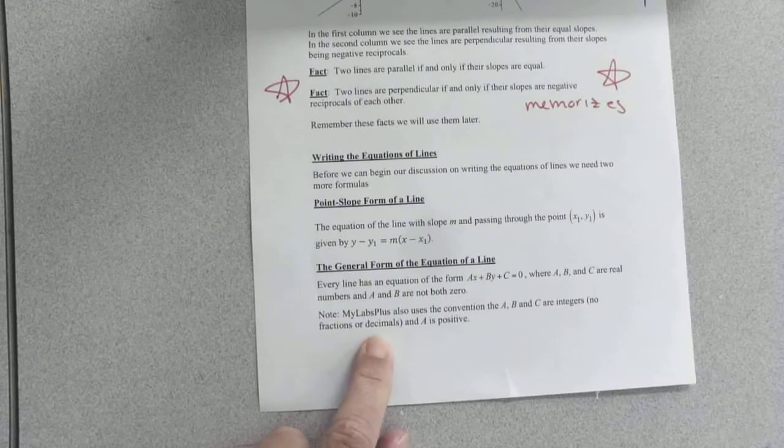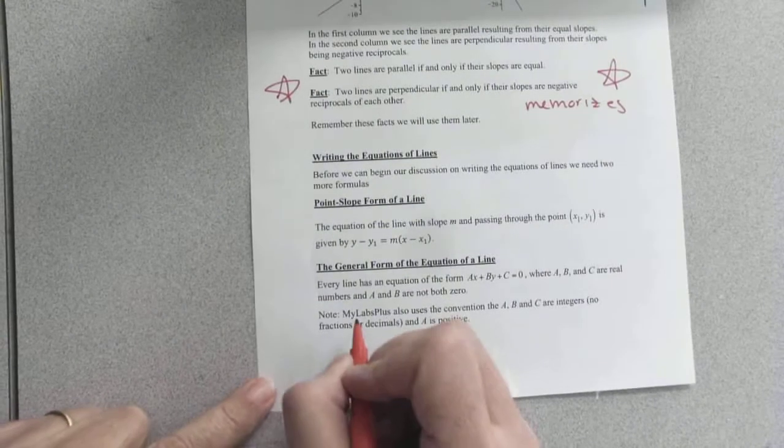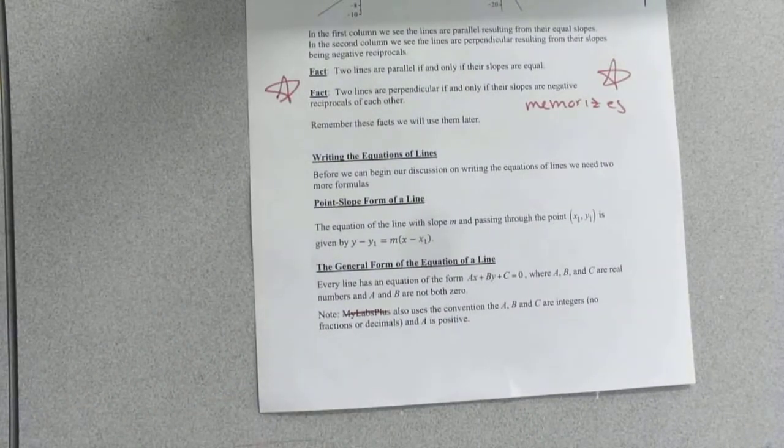In MyLabs Plus, although we're not doing Plus anymore, we'll just say the computer, the computer also uses the convention that a, b, and c are integers, meaning no decimals or fractions, and a is positive. The only thing general form of an equation of a line is good for is answer keys. It makes the answer look pretty without having any little fractions in there. That's the only thing it's good for.